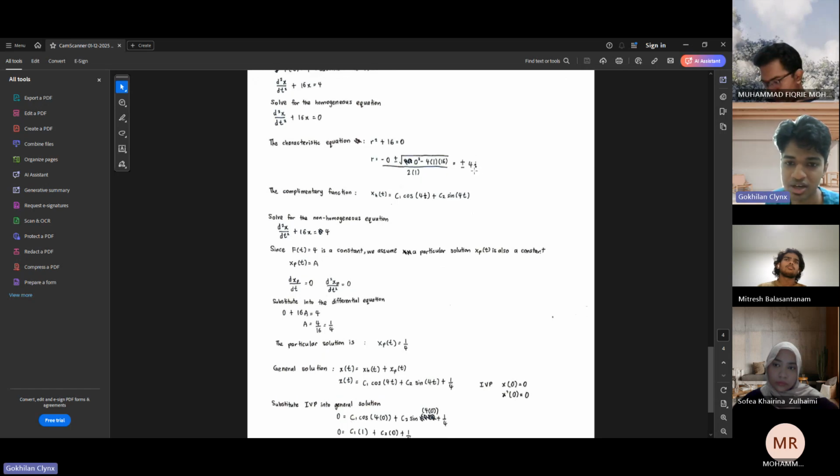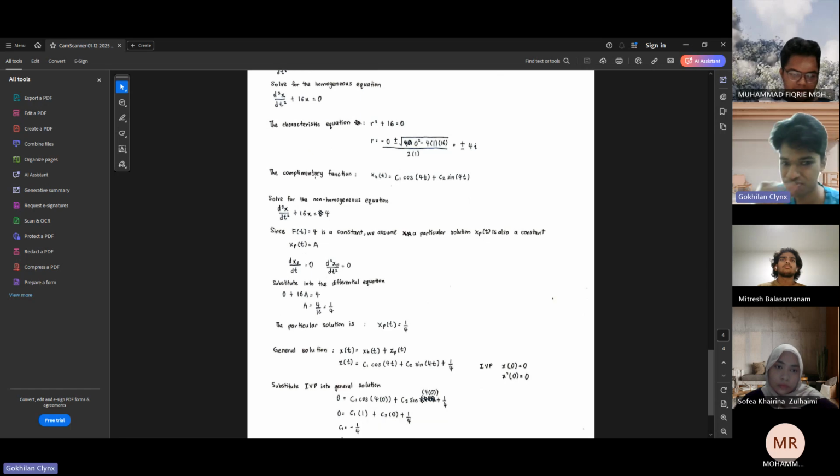Because the root is complex, the solution will take this form: C1 cos of the imaginary part plus C2 sine of the imaginary part. So we get the complementary function, the solution for the homogeneous equation, C1 cos 4t, where 4 is the imaginary part, plus C2 sin 4t.